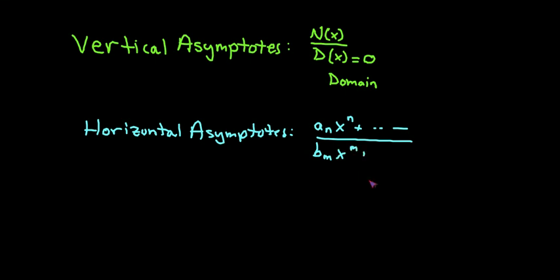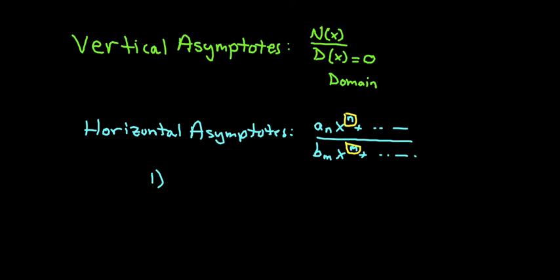So polynomial on top, polynomial on the bottom. There's going to be a couple different things we're going to look at on here. Our first situation would be, we're going to take a look at n and m, and we're going to make that comparison.